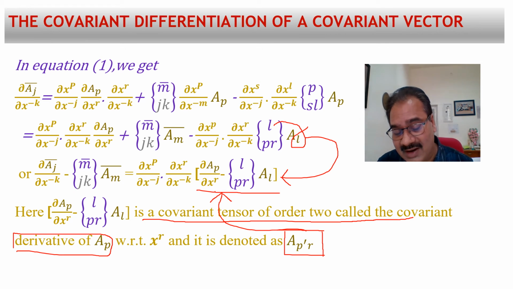If it is written like this, it does not mean ordinary numbers or ordinary suffixes. It is the covariant derivative of A_p with respect to x^r. This is known as covariant derivative.